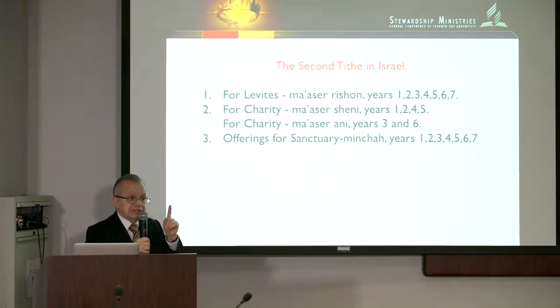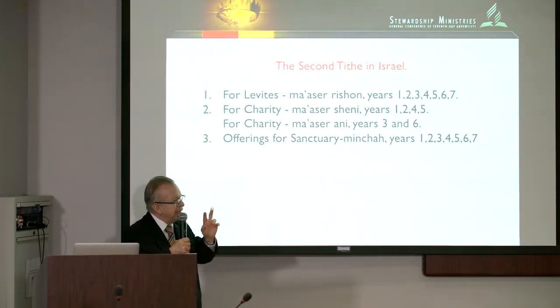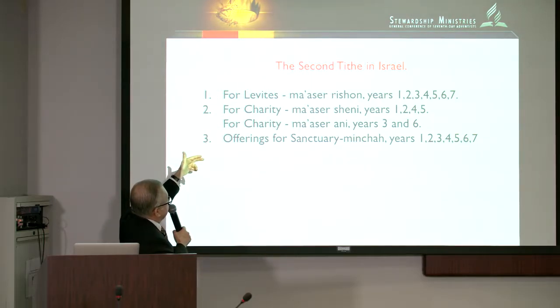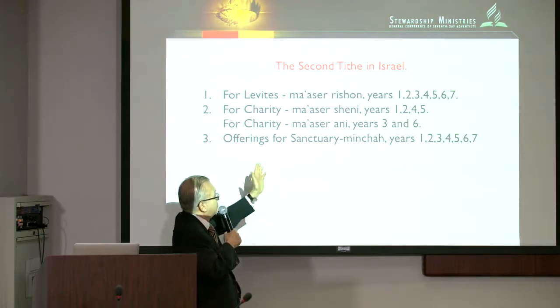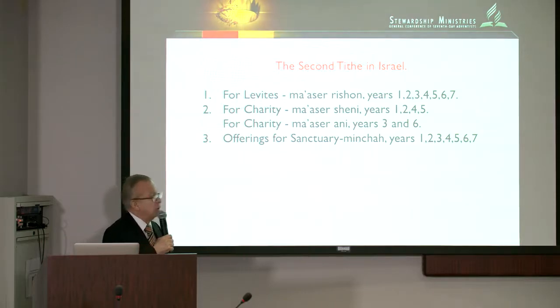Now, some Protestant writers sometimes mention that the Jews had 3 tithes, but really that is not right, because the second tithe was applied in one way in some years, in another way in the other years.